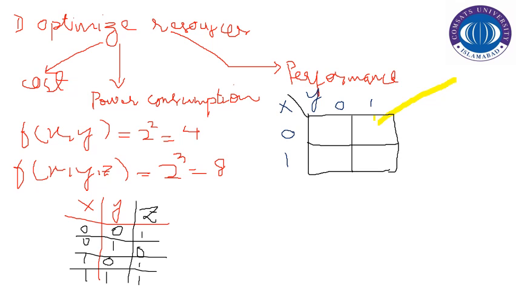One block or one section is known as a cell, and each cell will have its proper representation regarding the Boolean function.